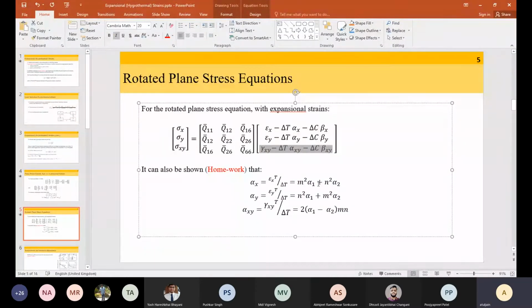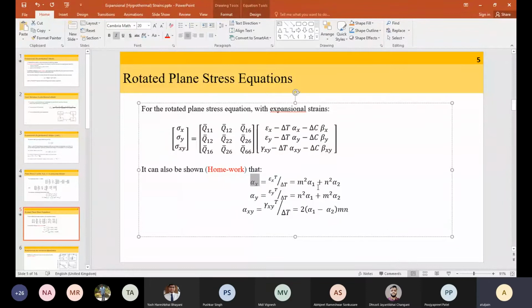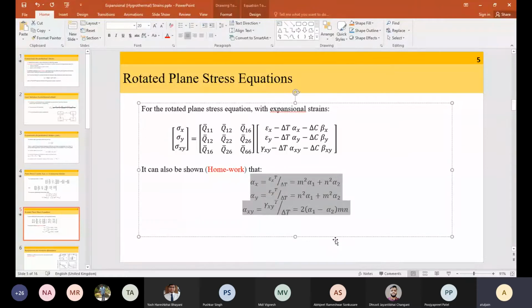This is the shear strain term. This is because my coordinate axis system has been rotated. So using all the relationships, I want you to go home and after the class, try to derive the expression for alpha x in terms of alpha 1, alpha 2. Okay, so please try to derive these three equations.